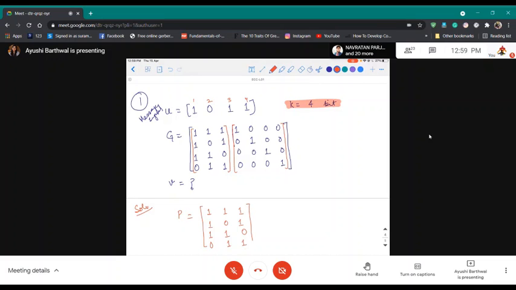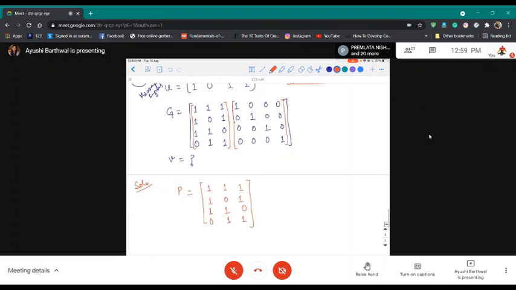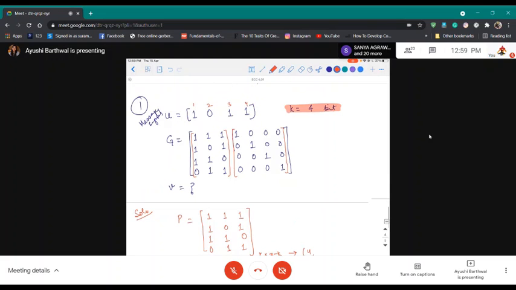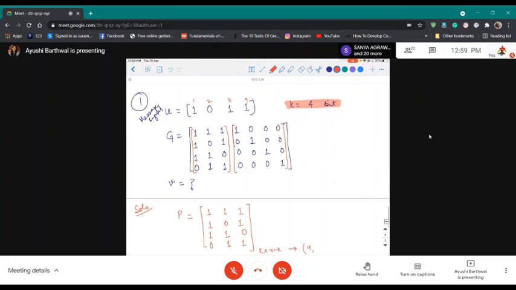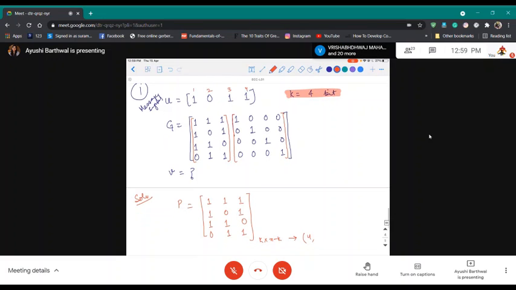The order of this parity matrix is k cross n minus k. Here k was 4 and n was 7. How did we know n was 7? Because the valid code word has n bits, and the generator matrix has n columns. So it would be 4 cross 3.